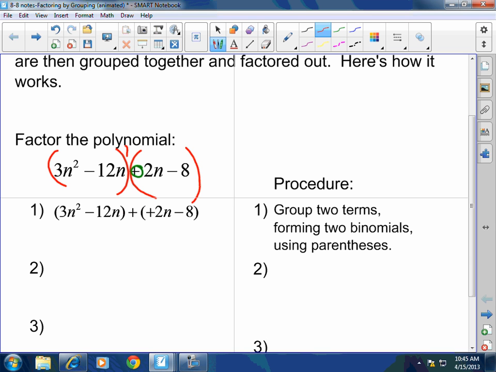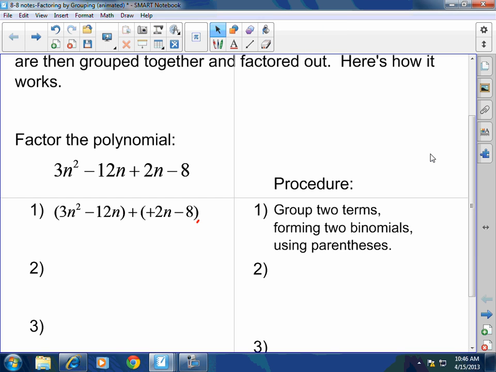And then add the 2 together. So I encapsulated the first 2, then I encapsulated the last 2, keeping the sign, and then I put a plus in between them. Does that make sense so far, guys?